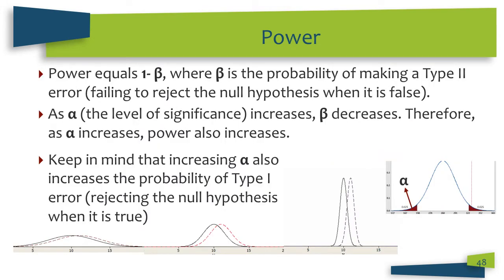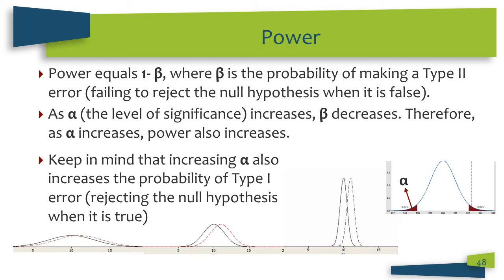Now the power equals 1 minus beta, where beta is the probability of making a type 2 error. And when you increase alpha significance, you increase the power, or in other words, you decrease beta. But if it was true that alpha increases power, then why not increase alpha to infinity?